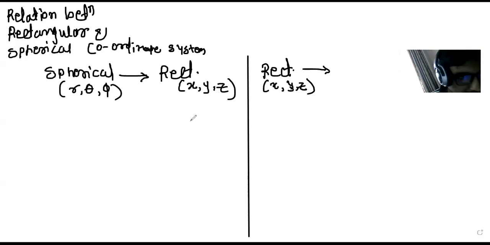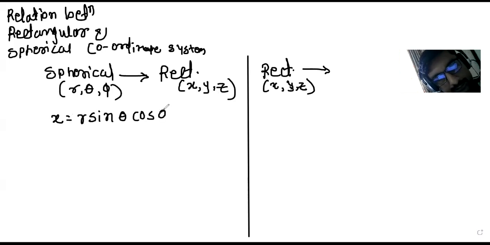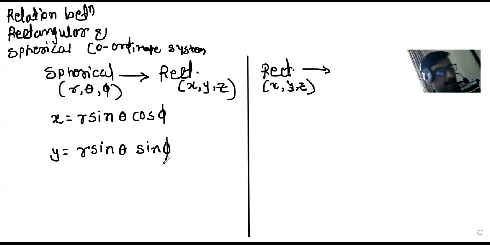If the point is defined with respect to r, theta, phi, and you want to convert it into x, y, z, we have another set of equations: x is equal to r sine theta cos phi, y is equal to r sine theta sine phi, and for z, in this case z will not be the same for both cases, so z is equal to r cos theta.